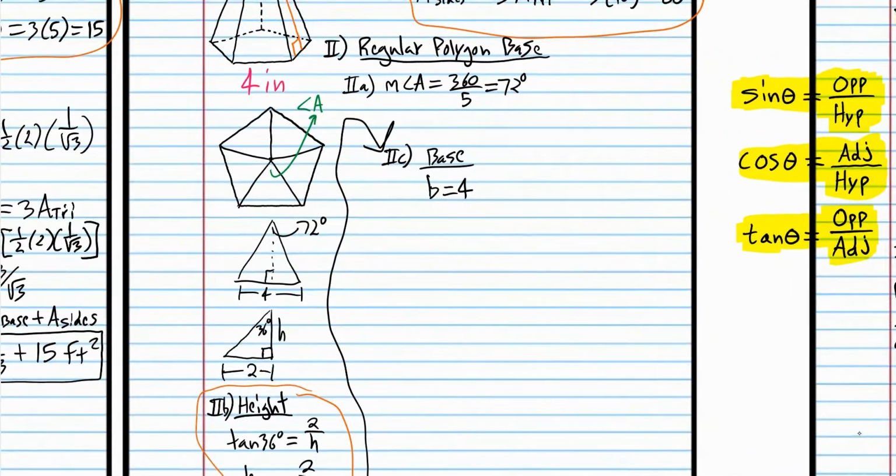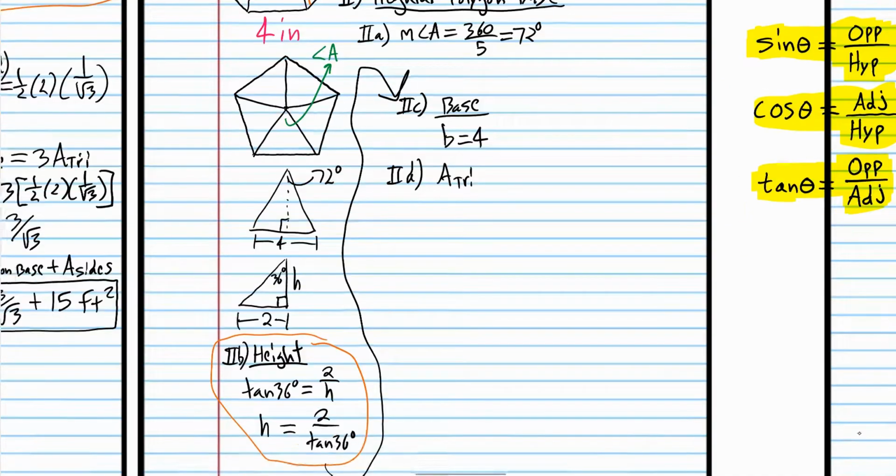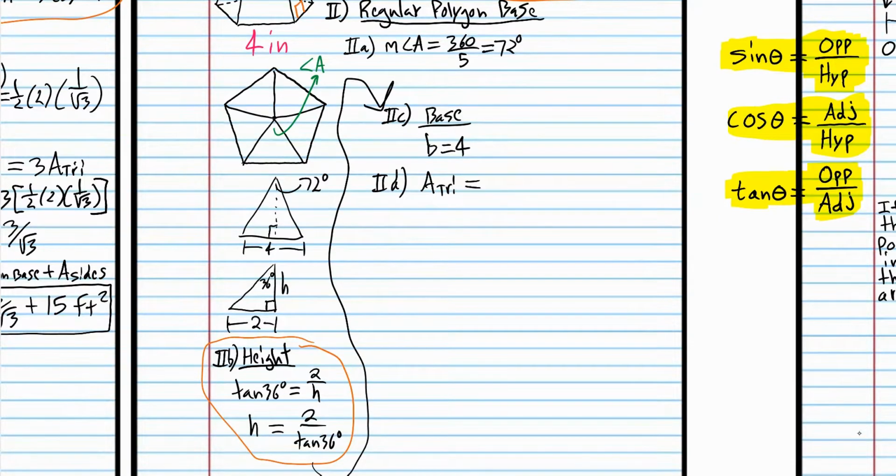And so part 2D, the area of that one triangle is equal to 1/2 times the base times the height. And we want the area of the whole polygon base, which is 5 times the area of that triangle.